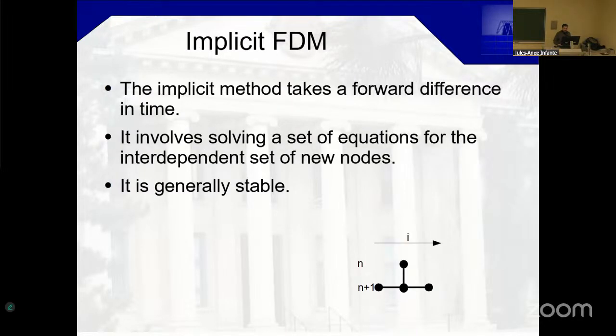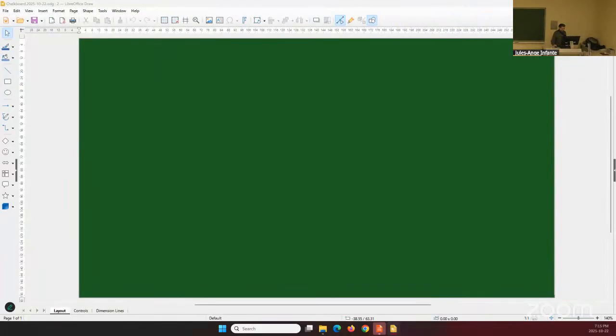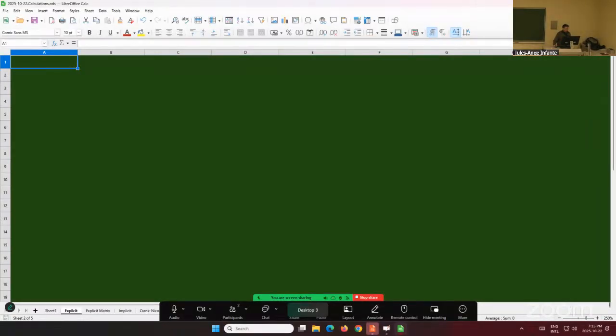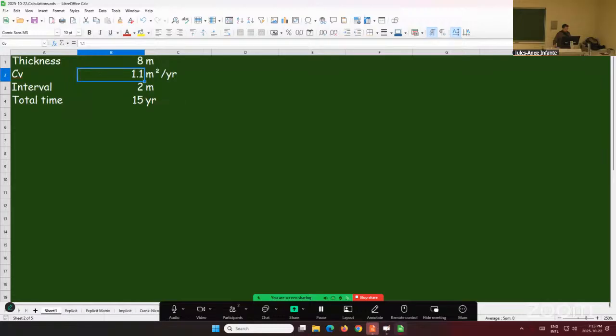So in our particular case, we're going to calculate R, and we say that this is CV. First let's call our delta Z. We said that's equal to 2 meters.